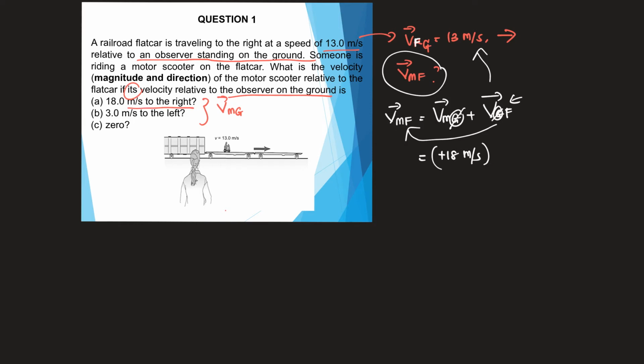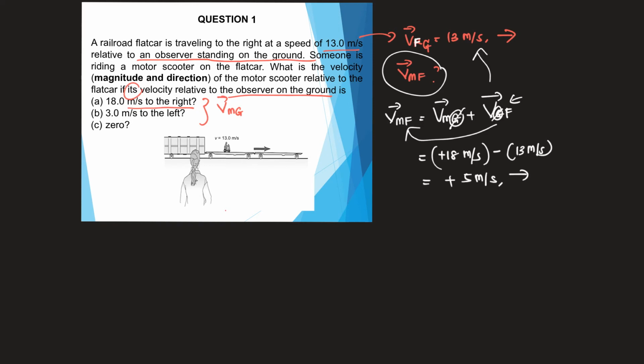Therefore, we put it as a negative value to represent the subscript already changed. So negative, and it's moving to the right, so 13 meter per second. You get your answer: plus 5 meter per second to the right. Make sure every time you give the direction because it's a vector.